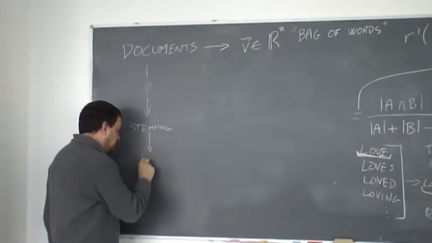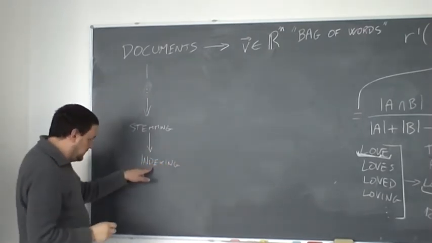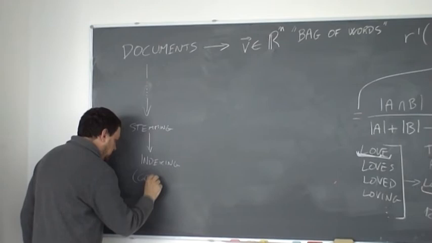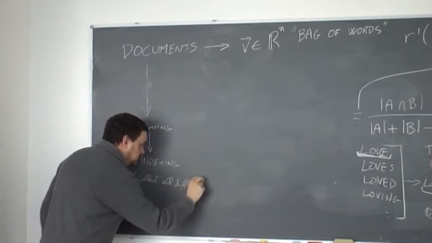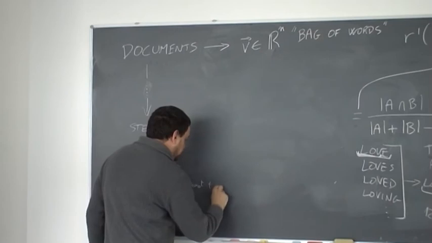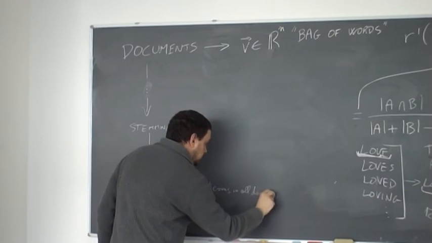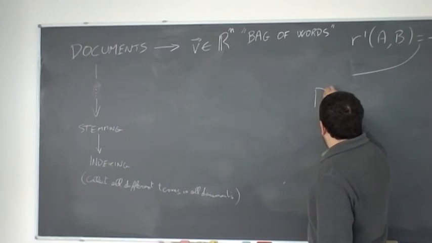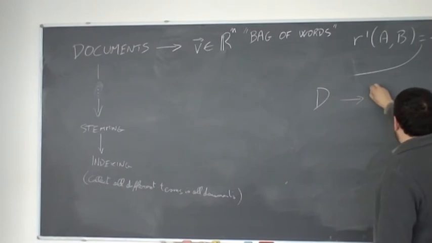Suppose we also do indexing. What I mean here is: collect all different terms in all documents. We start with a collection of documents and we create, using this, a collection of terms.